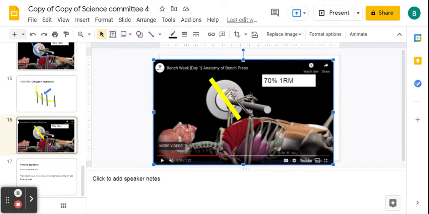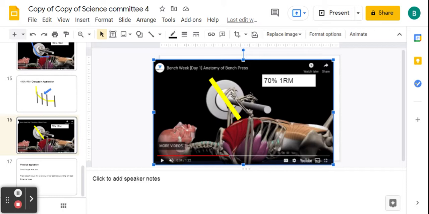As far as the muscle activation sequence, all muscles fire concurrently. Remember, we're just talking about the ascent. All muscles fire concurrently and increase activity throughout the lift.